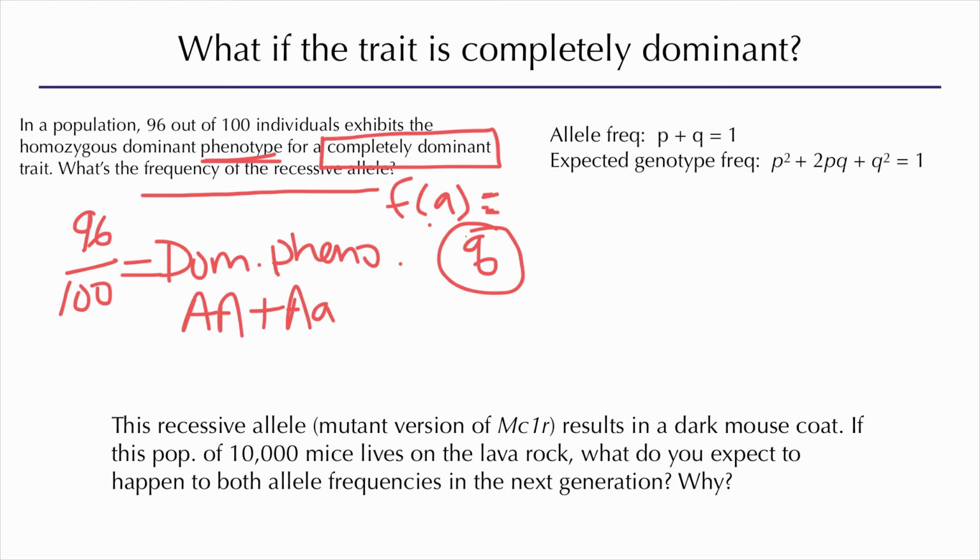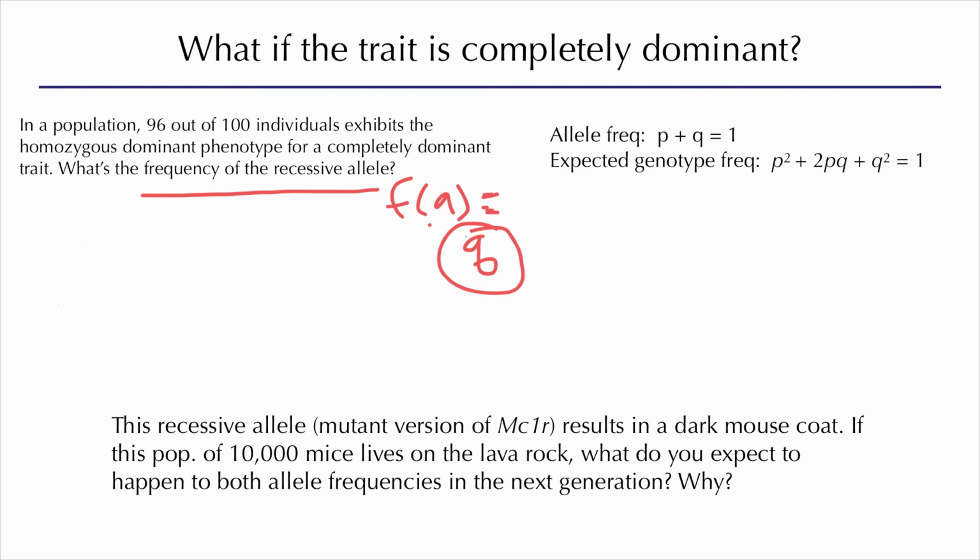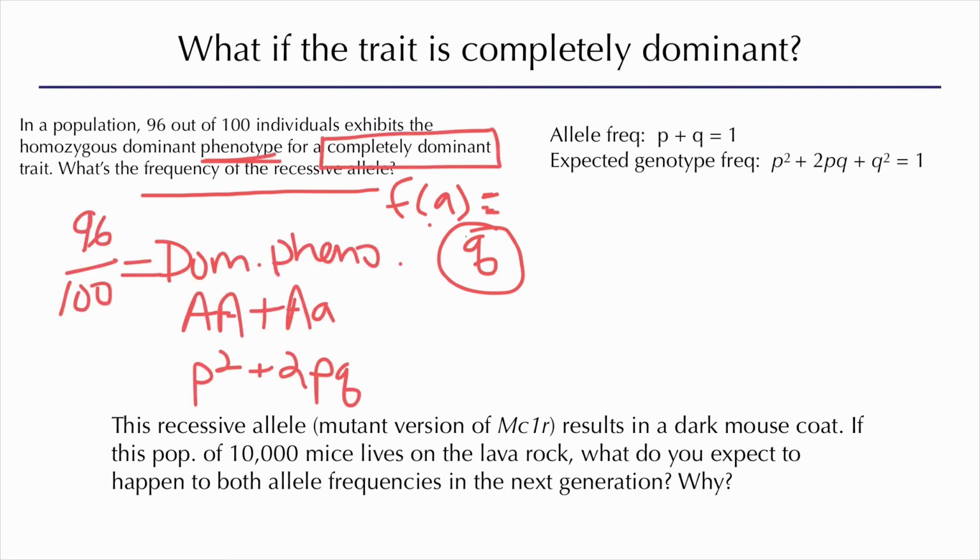So really 96 out of 100 is p squared plus 2pq, which does nothing for you. So instead you have to use what's left over. If 96 out of 100 individuals have the dominant, that leaves us with 4 out of 100 having the recessive phenotype. And how do you get the recessive phenotype? There's only one way, little a.